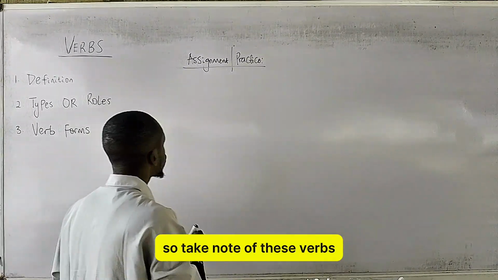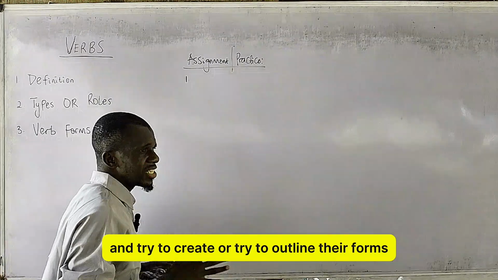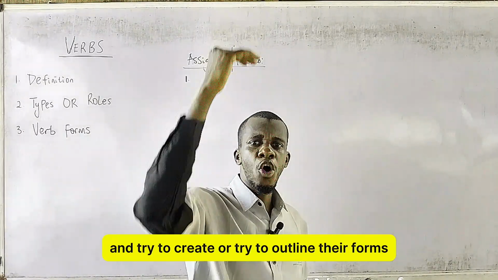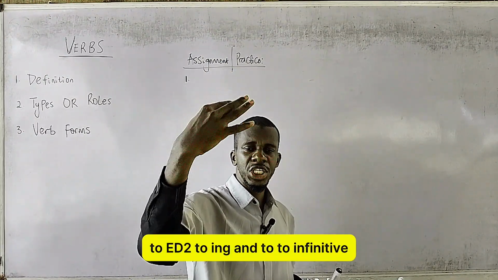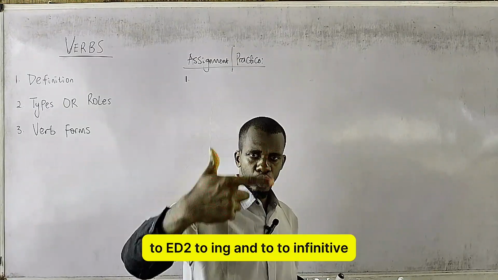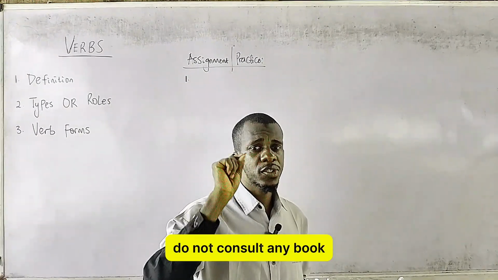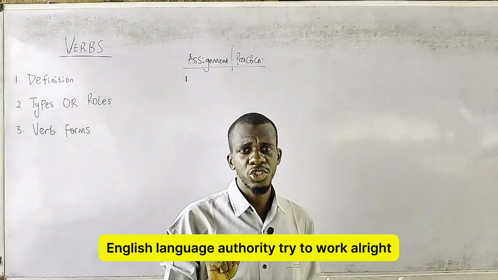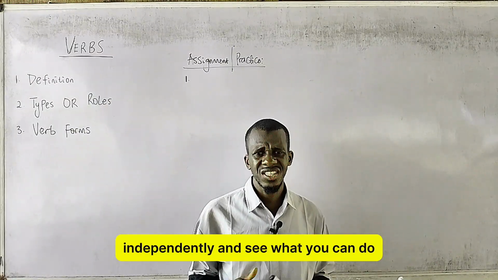So take note of these verbs and try to outline their forms from base form to S to ED1 to ED2 to ing and to infinitive. Write out the forms yourself without spying. Do not consult any book or any other English language authority. Try to work independently and see what you can do.